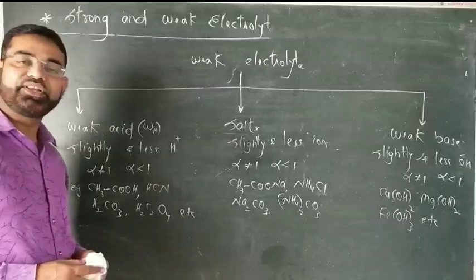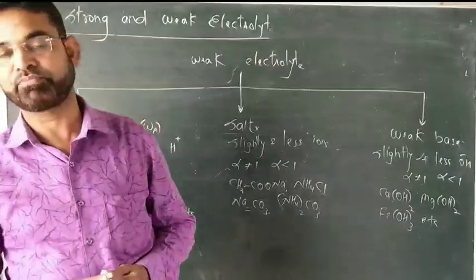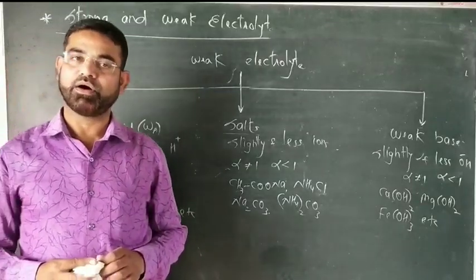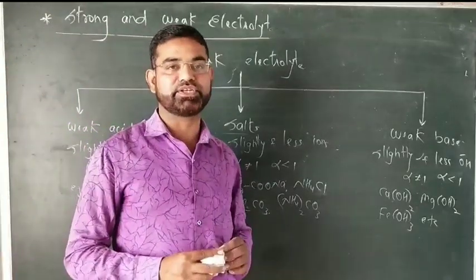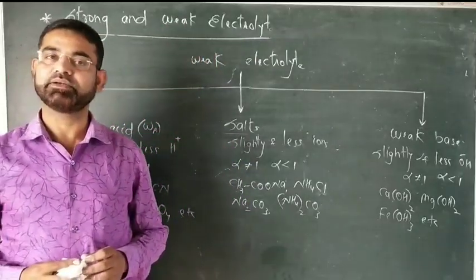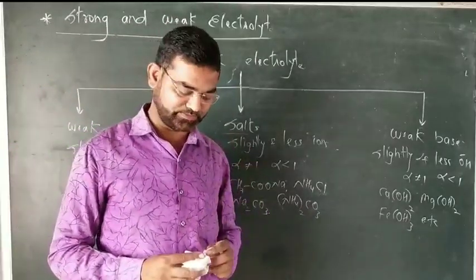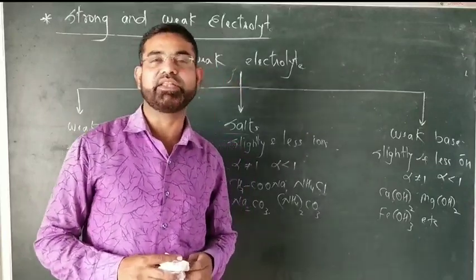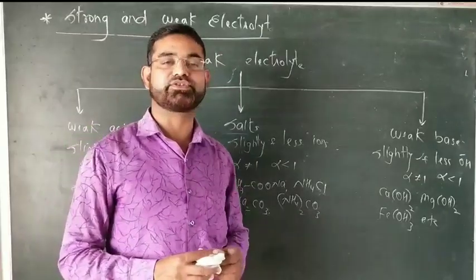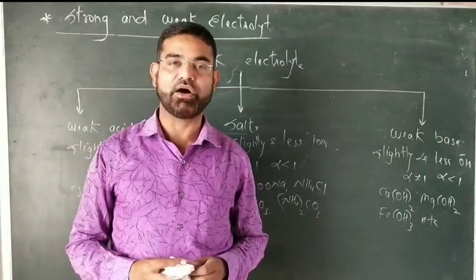Now, after finishing the basic part, we move to degree of dissociation, dissociation constant, and concentration relationship. The relationship between molar concentration and degree of dissociation was given by Ostwald.